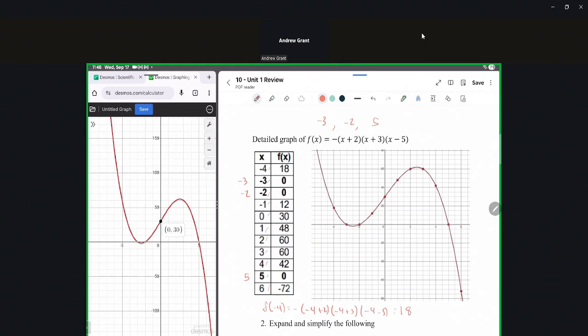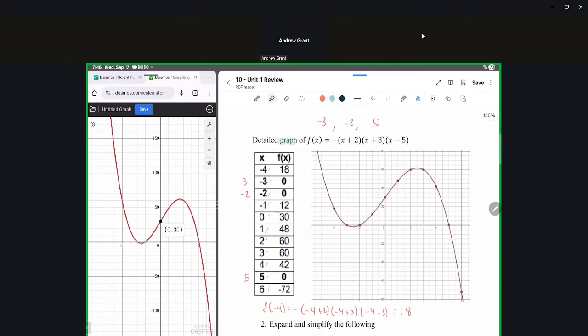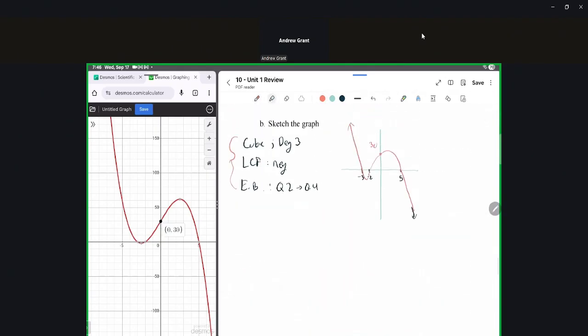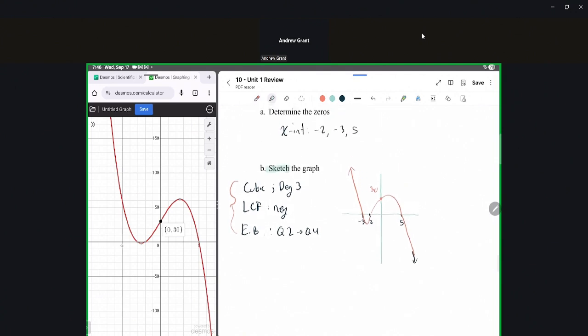And you can do that. That's perfectly reasonable. It just is quite time consuming. So when a question says graph, this is what you need to do. And if a question says sketch, this is what you need to do. Okay?